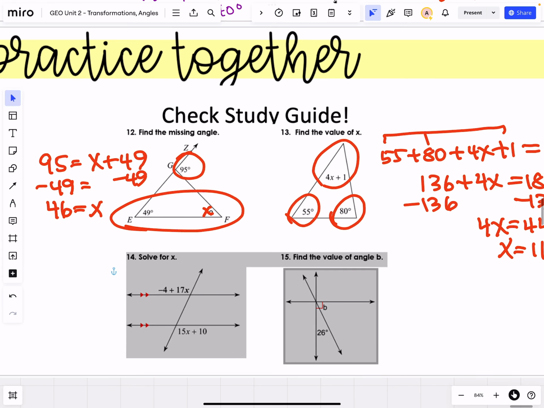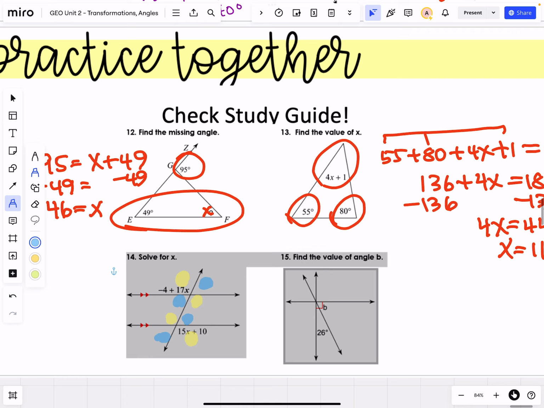All right, 2 left. What did you end up with for x for number 14? All right, let's take a look. Oh, they're the same, right? Color code them, every other one. And if you're not sure, you can do them all, but if you just do 4, that's enough.